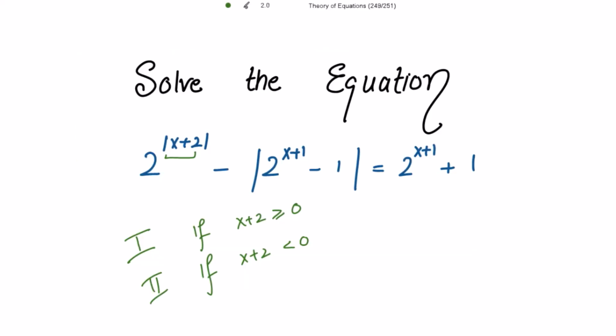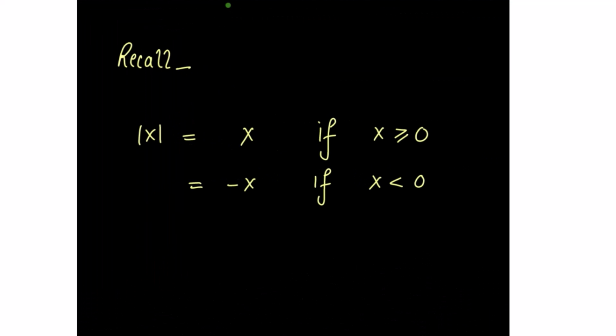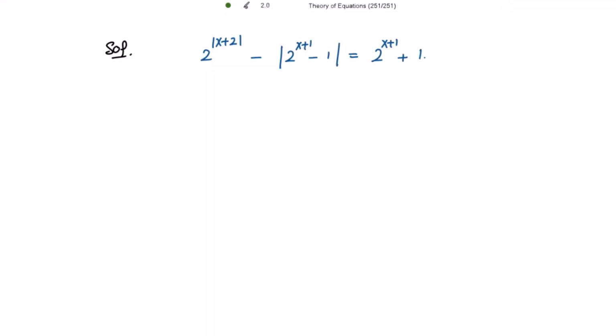Before starting with the solution, let's recall this remark that the absolute value of x is equal to x if x is greater than or equal to 0, and is equal to −x if x is strictly less than 0. So we are going to use this result in the solution. Okay, so this is the given equation and two cases arise. For case 1, let x + 2 be greater than or equal to 0.